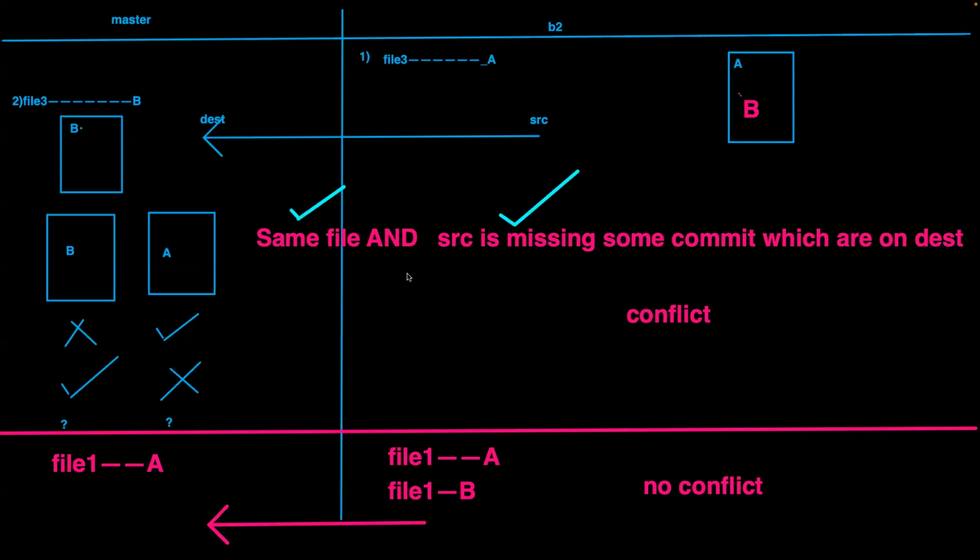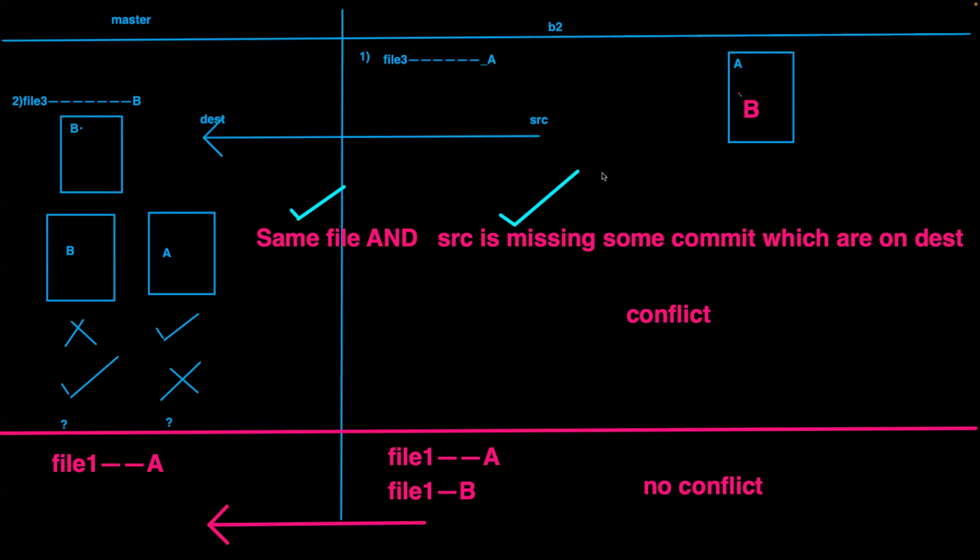I'm just trying to say, does it matter if it is the same line or any part of the file? It doesn't matter. Only the commit missing on the destination matters. So does that mean you cannot have different commits on the same file?